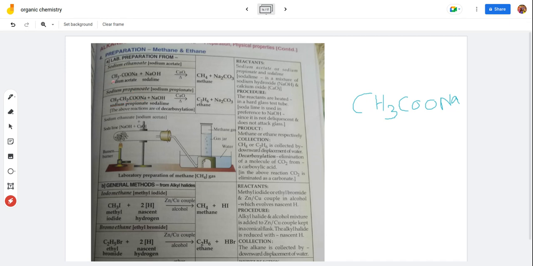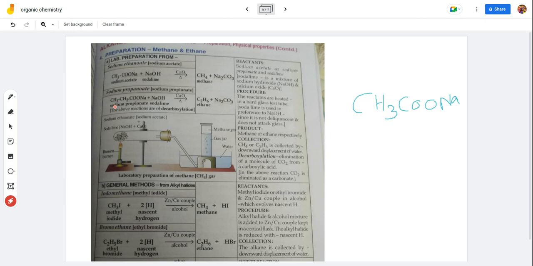Now you can see that sodium acetate has two carbon atoms. So I told you it is ethanoate. For two carbon atoms you have to use the root word ethane, so sodium ethanoate. Now you can see this one, sodium propanoate. One, two, three. So sodium propanoate.